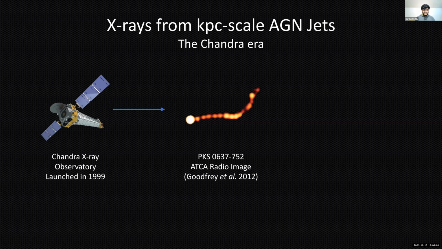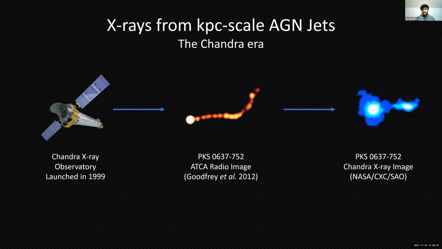So they chose this source to calibrate its optics. But instead, what it returned was not only a bright X-ray point source, but also a 100 kiloparsec long X-ray jet.